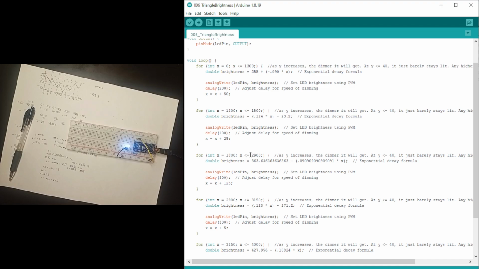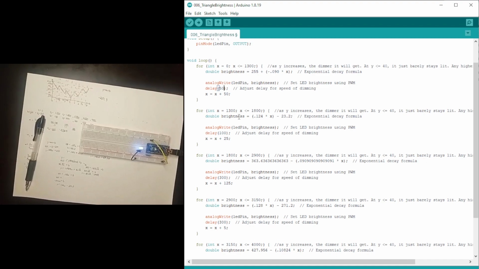Finally, okay. Yeah, it's kind of slow. So let's make the first one back to 50 since we want to hurry down the brightness. 1300 to 1800 has an increase, so let's hurry through that as well.